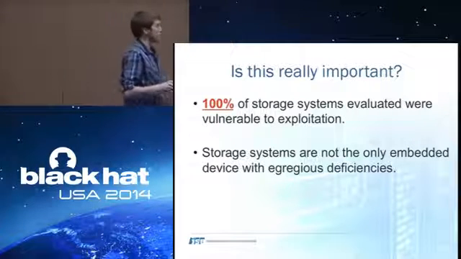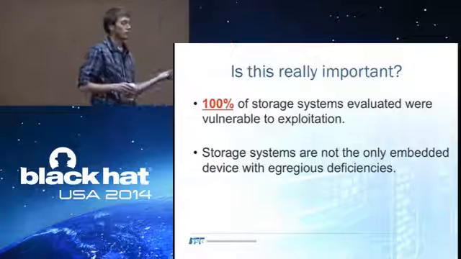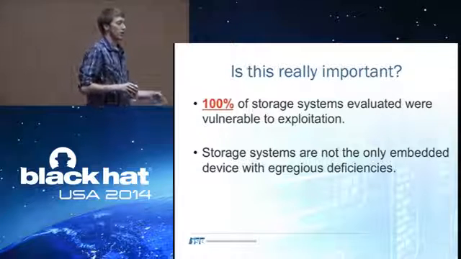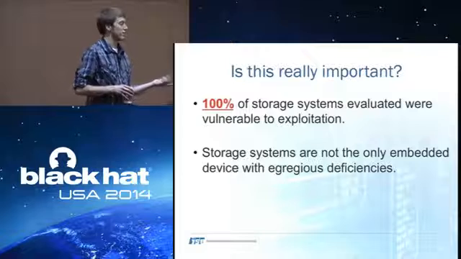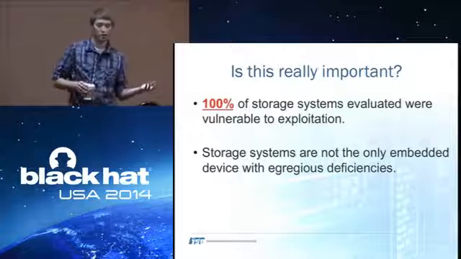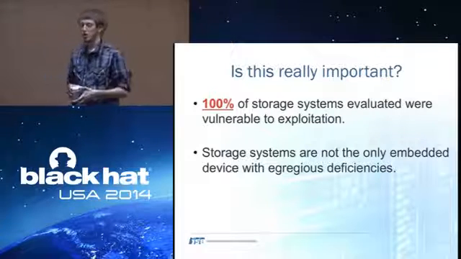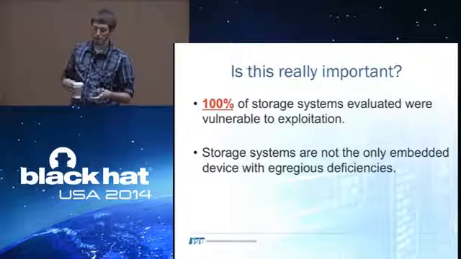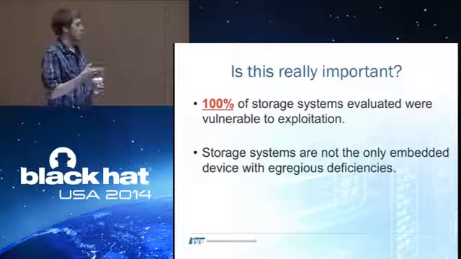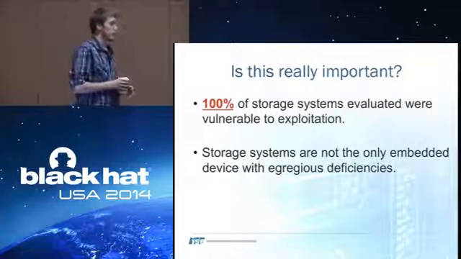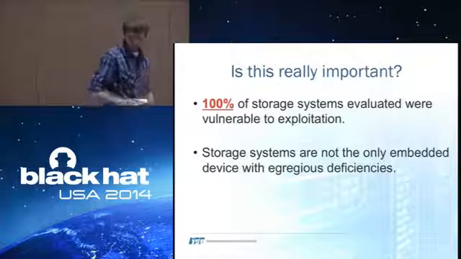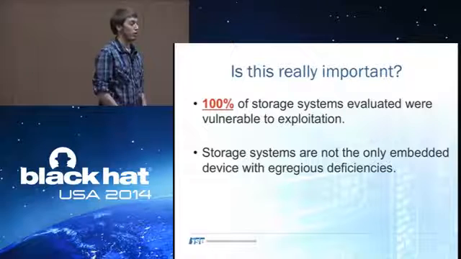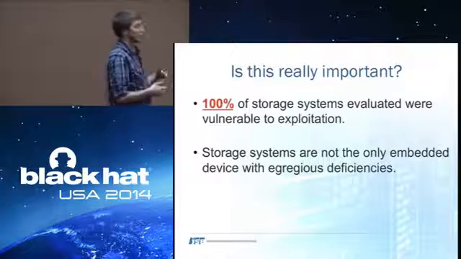Okay, so is this really important? Well, yes, it is. And why? 100% of the devices that I've evaluated are vulnerable to some form of exploitation. In most cases, the exploitation led to a full root compromise. And storage systems are not the only embedded device that have gaping holes or system deficiencies.